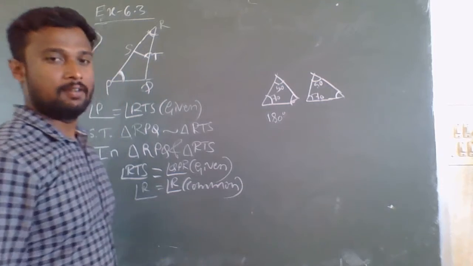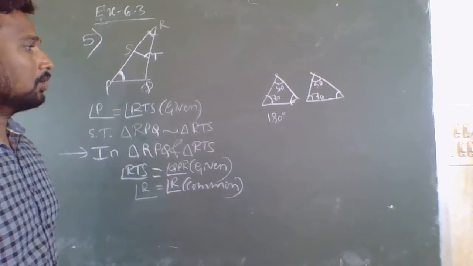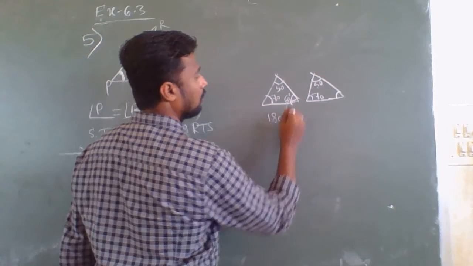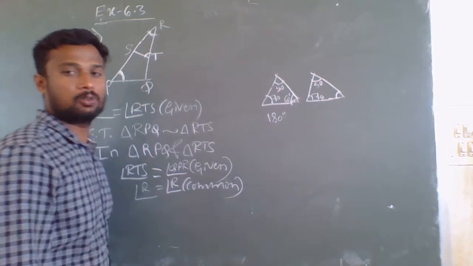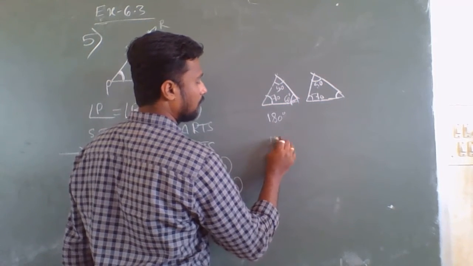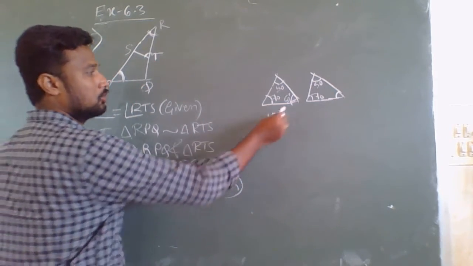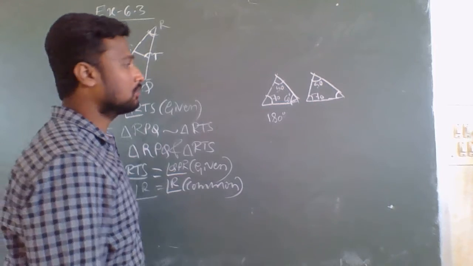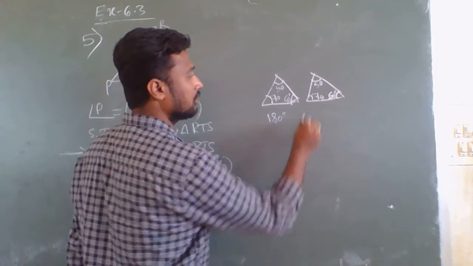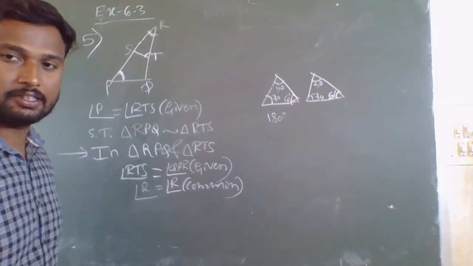So in the first triangle, 70 plus 50 is 120. Then the remaining angle should be 60 degrees, because 120 plus 60 is 180. Like this, here also the angle should be 60 degrees, because 70 plus 50 is 120, and the remaining angle should be 60 degrees by the angle sum property.